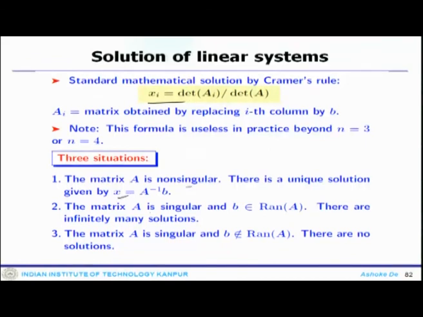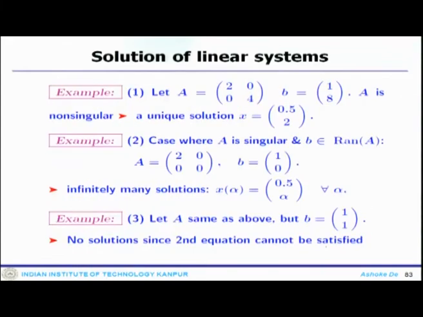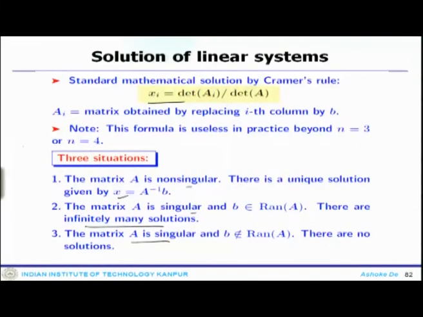If matrix A is singular, there are either infinitely many solutions or no solutions. So, these are the properties one has to keep in mind when trying to solve the A x equals b system.